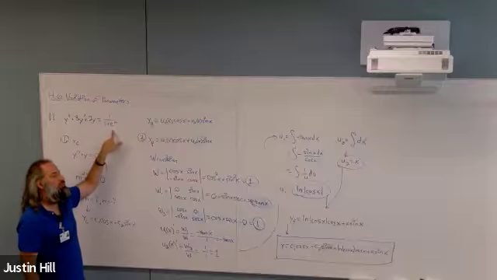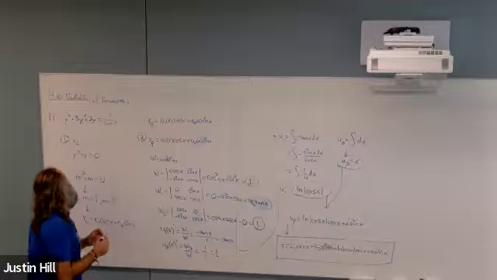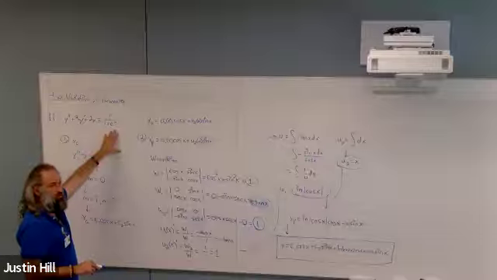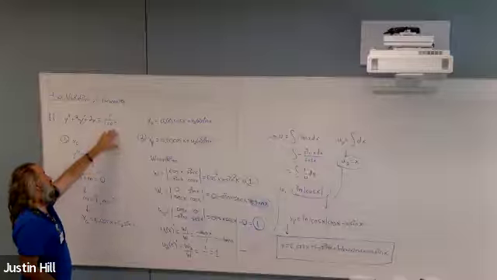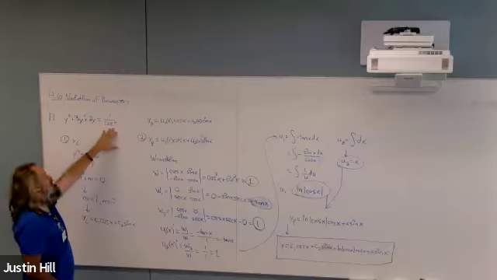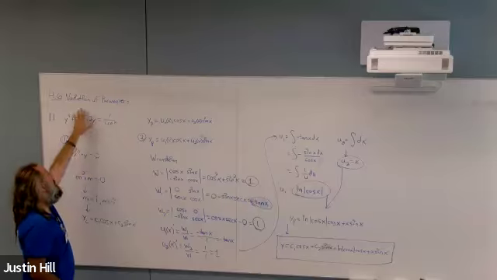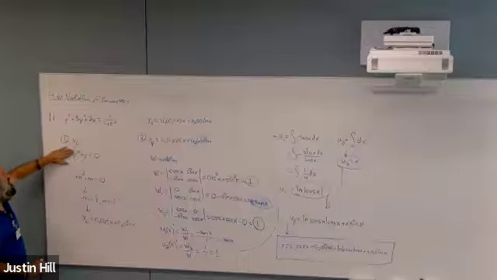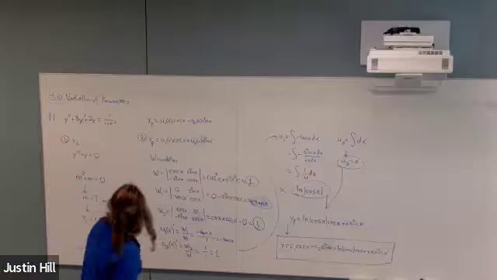Something like this on the right of your non-homogeneous equation, we're definitely going to use variation of parameters. Which means the first thing you're going to do is find the complementary solution.